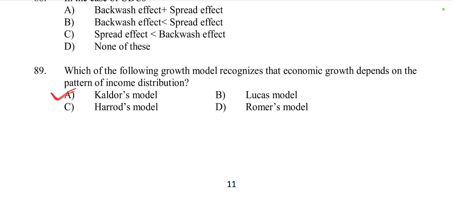Kaldor argued that growth is influenced by the distribution of income between capitalists, who save a large portion of their income, and workers, who consume more of their incomes. This affects saving and investment, which in turn influence the growth rate. Other models such as Lucas, Harrod-Domar and Romer focus more on human capital, technological change or capital accumulation, but not primarily on income distribution. So only the Kaldor model is right.